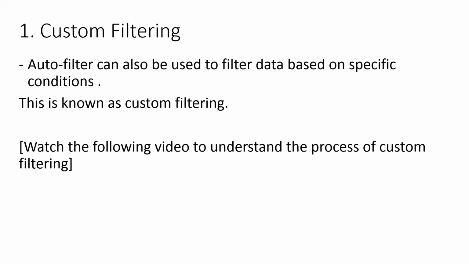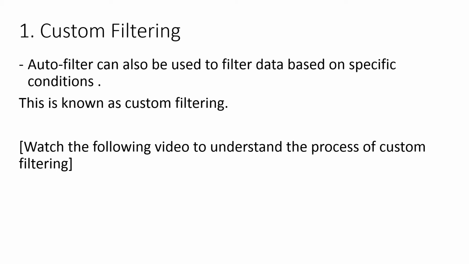But autofilter can also be used to filter data based on specific conditions. You can specify some conditions, and depending on that, your data will be filtered. This process is known as custom filtering.